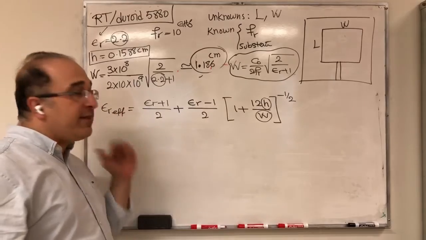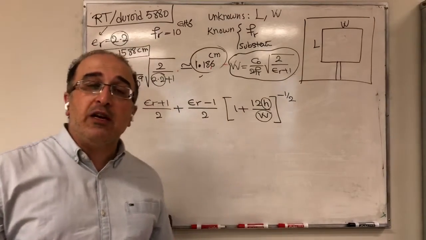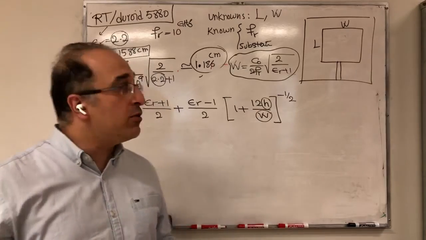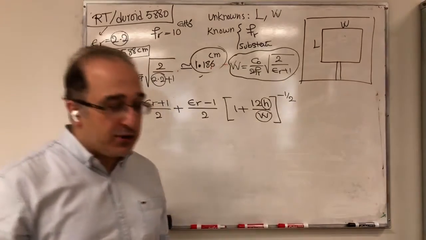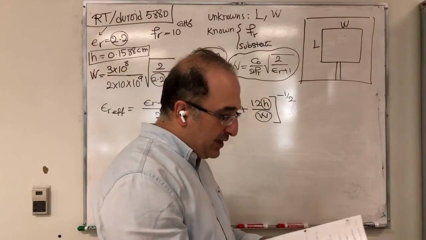Now, if we get that, you need to also check your answer. So epsilon R effective would be close to the actual epsilon R, but a little bit smaller. So let's see what's going to be the value for this example.